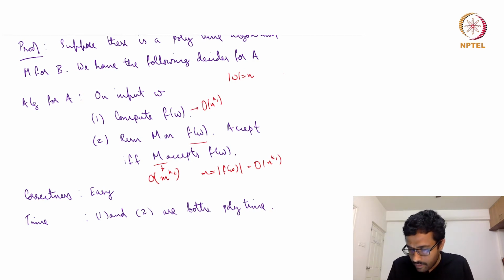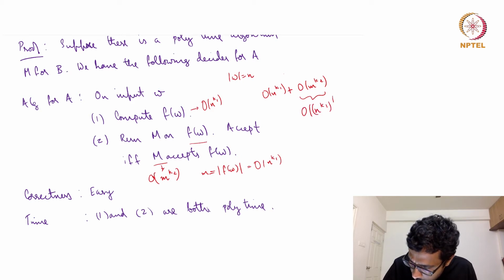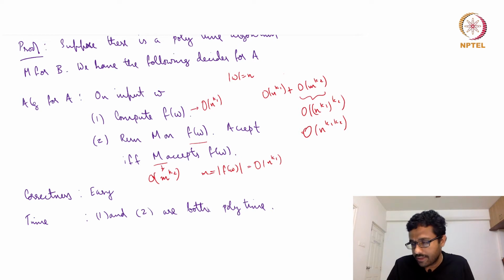So together how much time is it? It is order n to the power k1 plus order m to the power k2, but m itself is order n to the power k1, which is order n to the power k1 whole power k2, so order n to the power k1 k2. So this dominates, and eventually what remains is this.